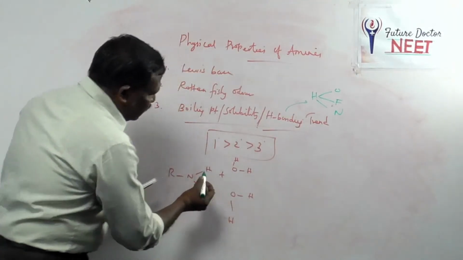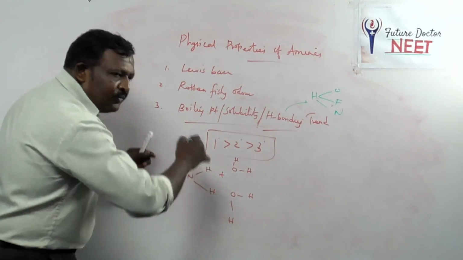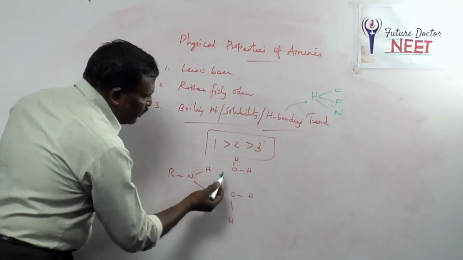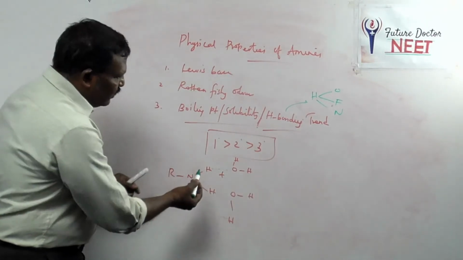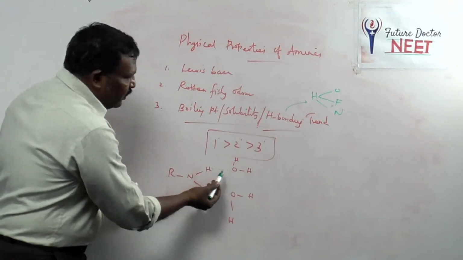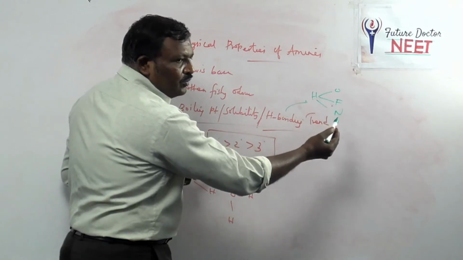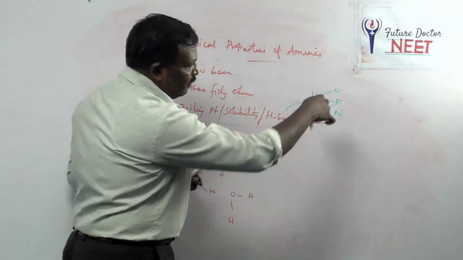Bond between hydrogen of the amine and oxygen of what? What is this? Water molecule. The bond between hydrogen and oxygen, or hydrogen and fluorine, or hydrogen and nitrogen. They may be like this, anyone.